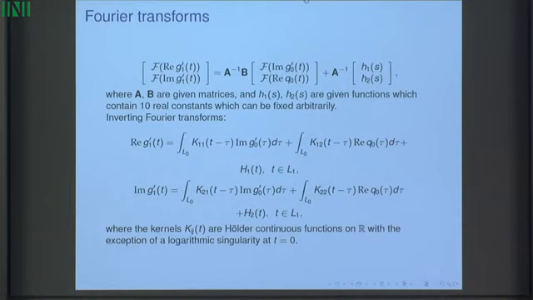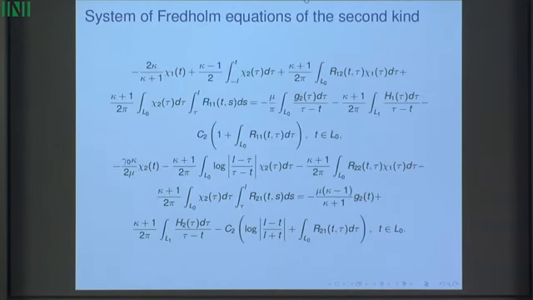Inverting that leads me to express my unknowns outside of the contact interval through the inside unknowns, and substituting these back into the single integral equations, but just on the contact interval, leads me to a system of Fredholm equations of the second kind. The kernel might have logarithmic singularities, but aside from that, those are nice equations, Fredholm equations of the second kind, just on the interval.